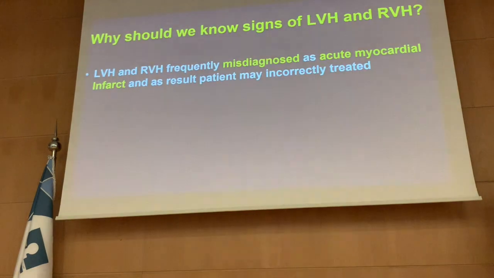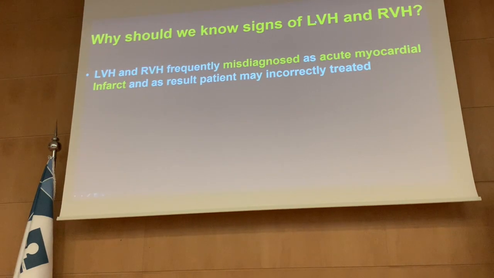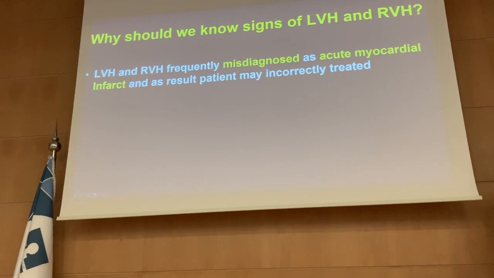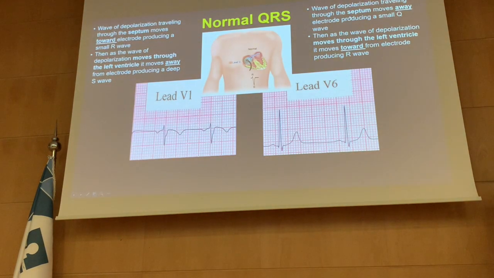In the scenario, you can easily differentiate between them. In ST segment elevation MI, my patient will have chest pain. But in LVH and left bundle branch block, most of the time there is no chest pain. That's why it's important.